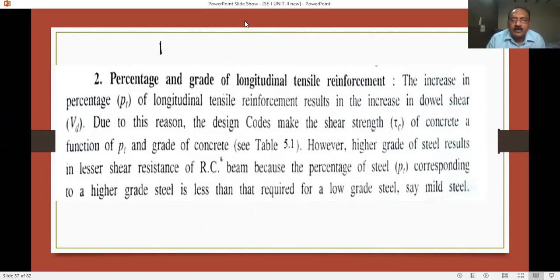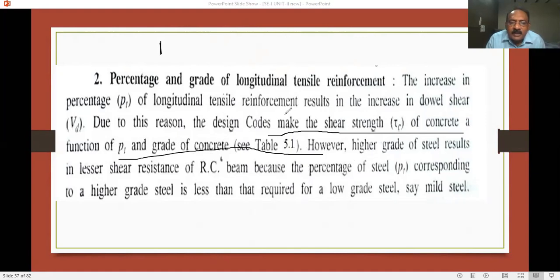Here, there is a good relation between the shear strength of concrete, Pt and your concrete grade. See how they will ask you a question in different competitive examinations. They define it beautifully.